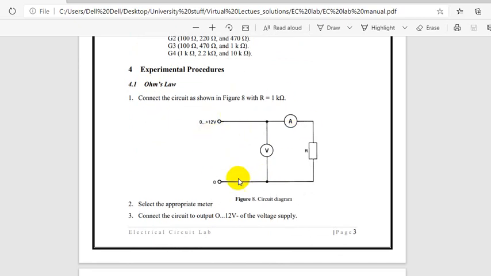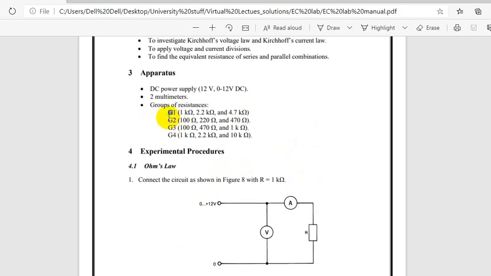So before we start the experiment, let us have a clear idea of the circuit. When you hear the word circuit, it is a closed loop. The voltage we are applying is 0 to 12 volt, with a voltmeter, ammeter and the resistor.